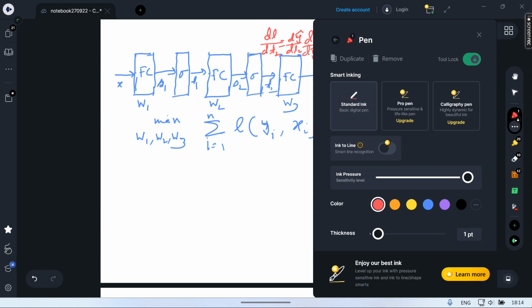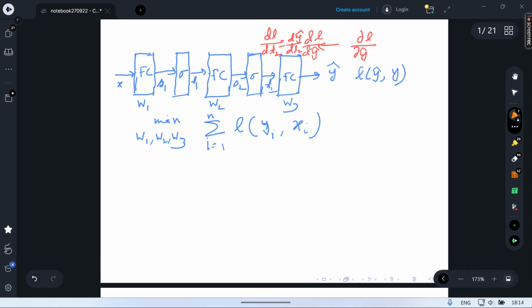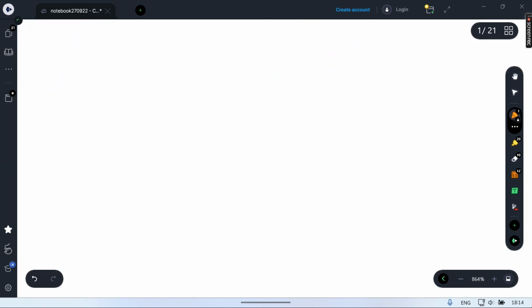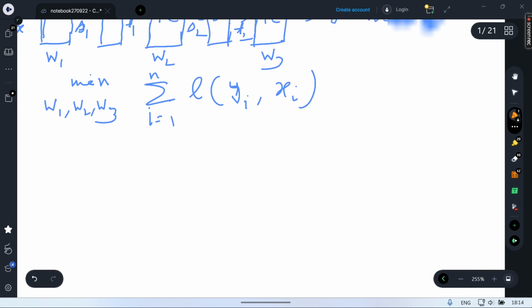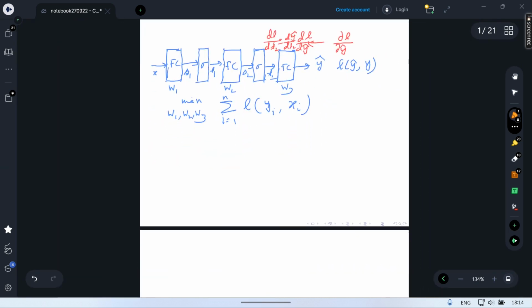If you look carefully, you can see that this part is the same as this part.